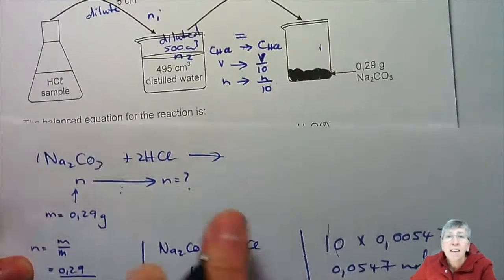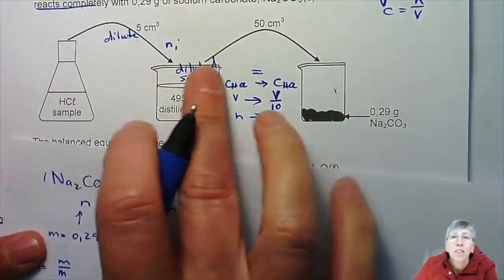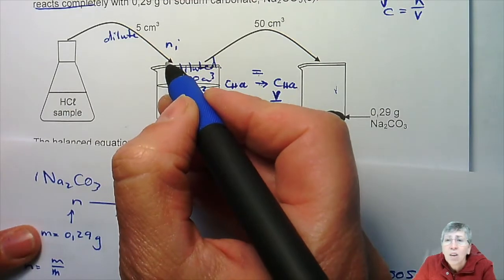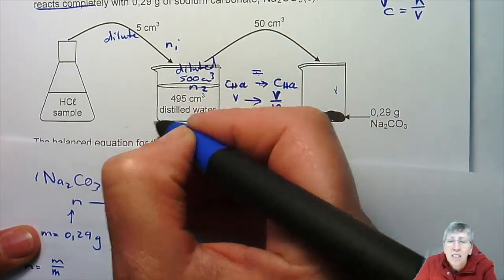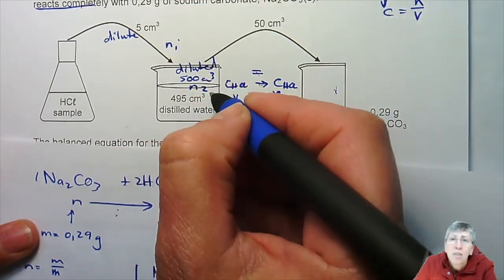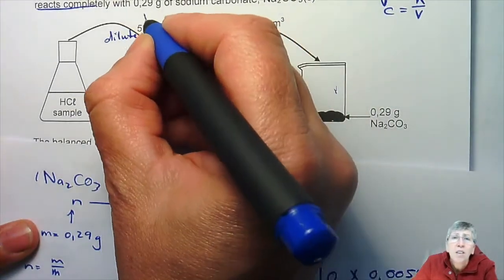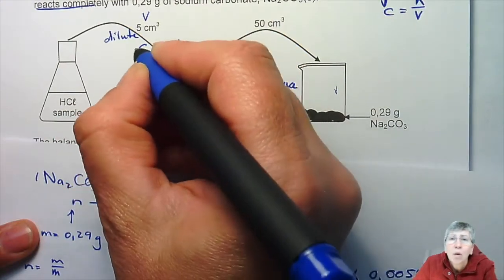Right, and now what do I know? I diluted it, right? Which tells me that the moles that I put in are equal to the moles in this beaker, right? I've worked out the moles in this beaker. That will be equal to what I put in, and I know the volume, I'm asking for the concentration that I put in.